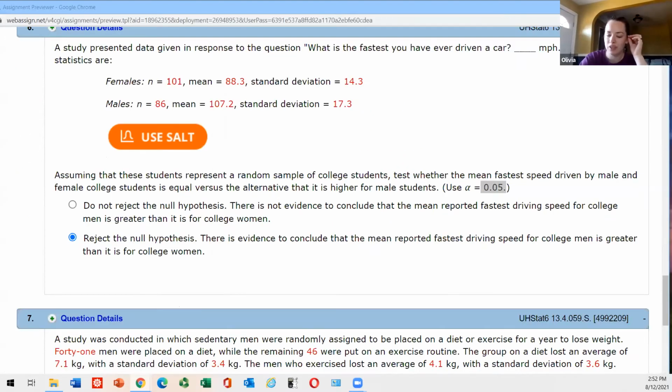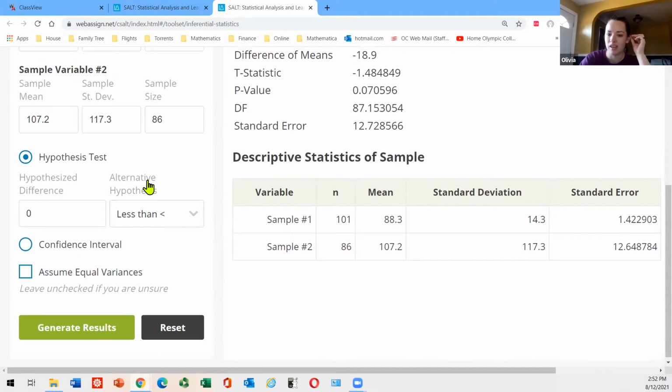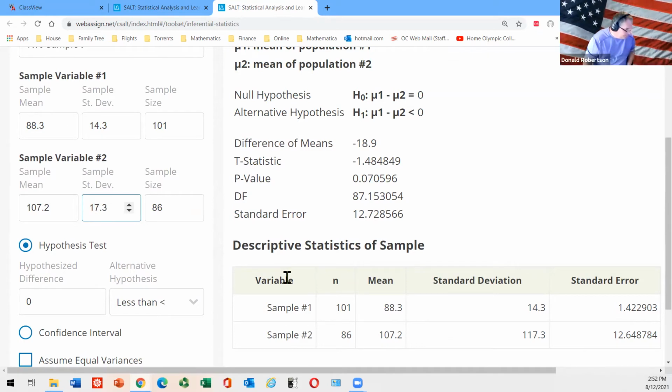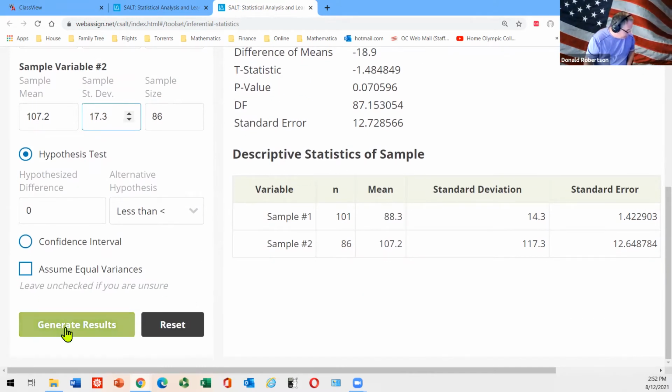Yes. Your sample standard deviation for males is 117. How did that happen? Oh, I had a 1 there. Well caught. Now I'll generate results and we'll probably get a better p-value. Let's find out. Maybe worse.